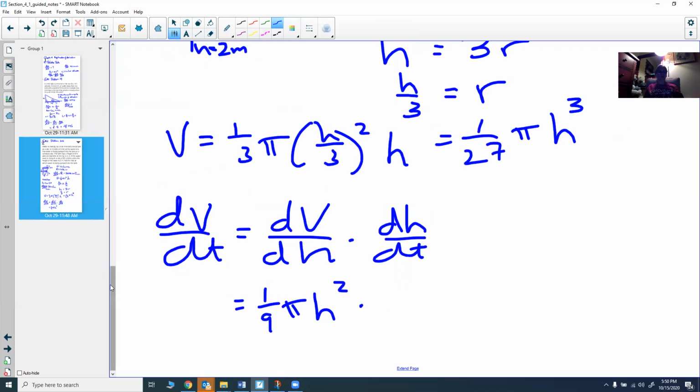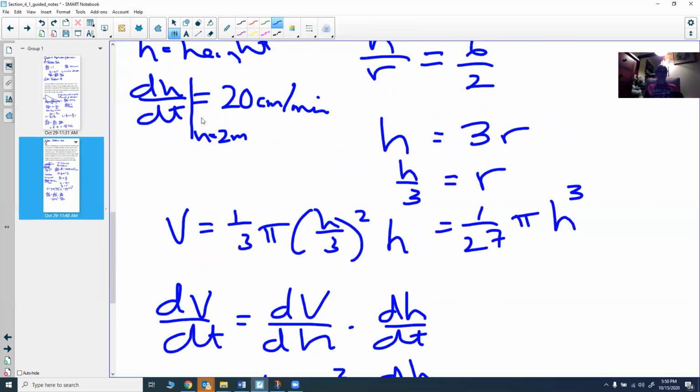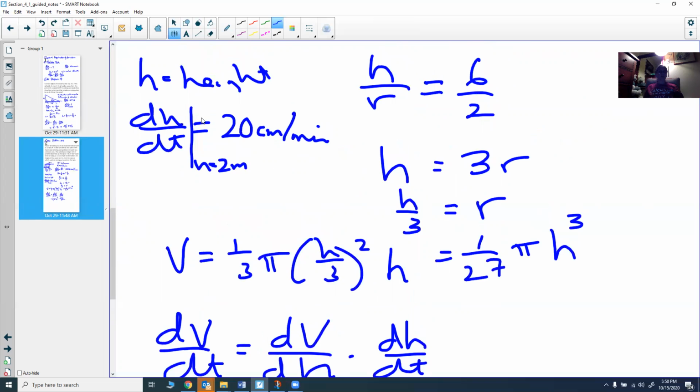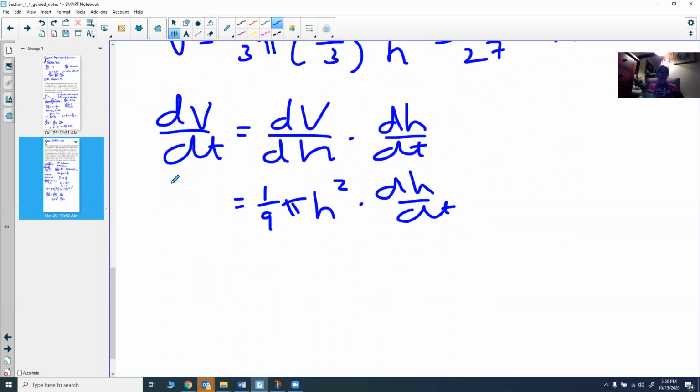We actually know dh/dt at a certain value, so we leave it as dh/dt for now, because it only holds at a certain height. At the height of 2 meters, dh/dt was 20 centimeters per minute. So we look at dV/dt at h equal to 2 meters.